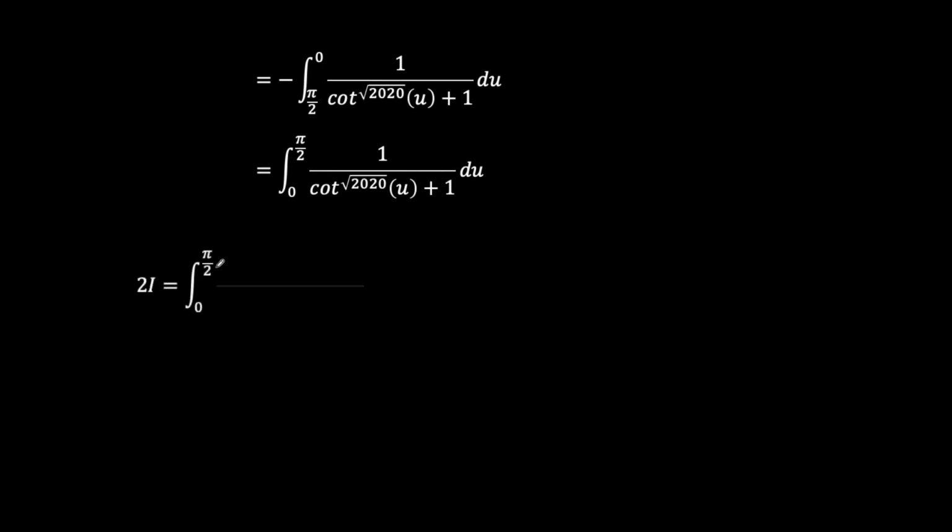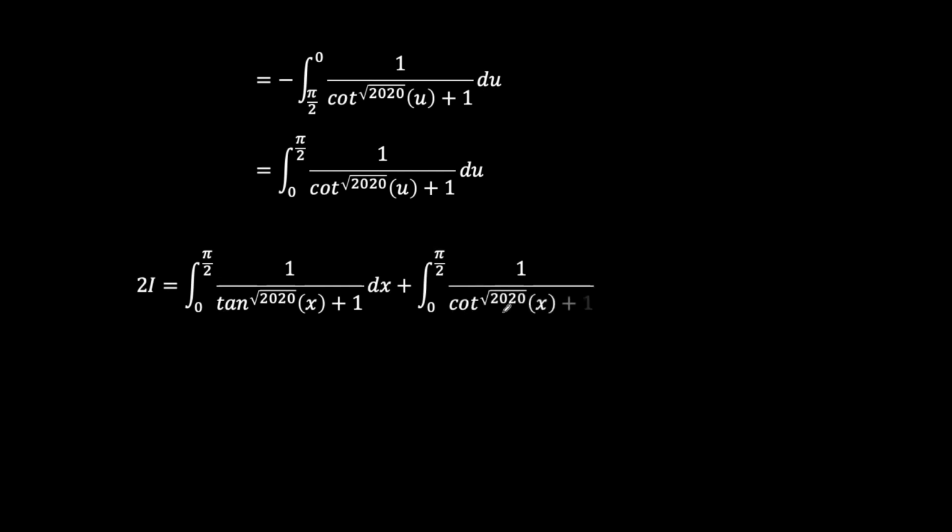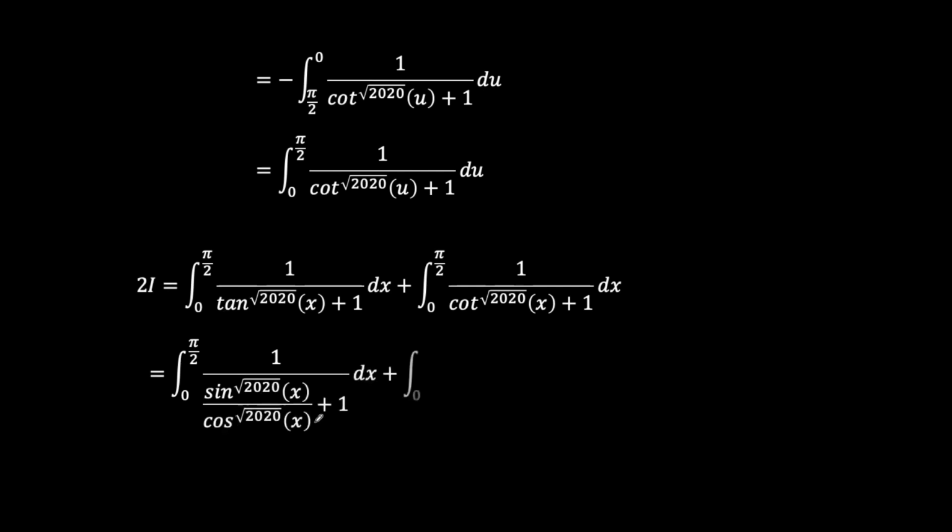So for example, now we add, when we have 2I, adding the two integrals, first with the tangent and second with the cotangent, since we know these two integrals are the same, and then we expand the tangent and cotangent so that we have sine to the power root 2020 and cosine to the power root 2020.